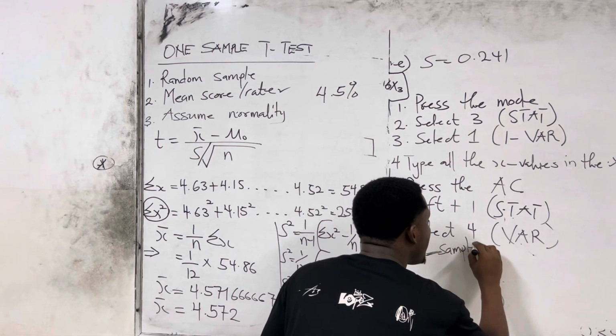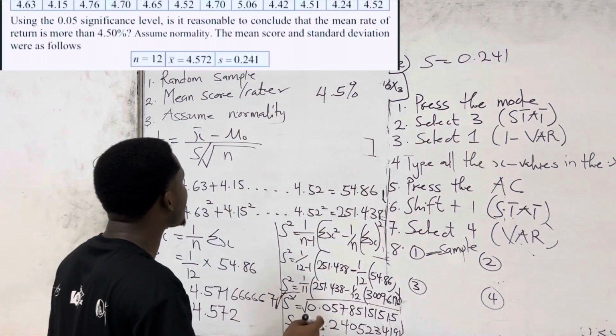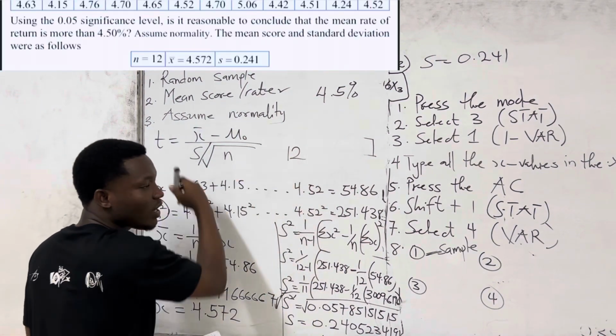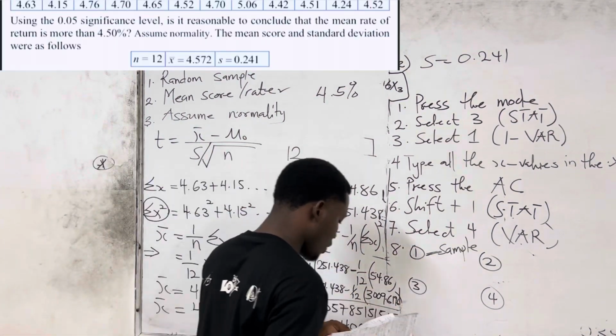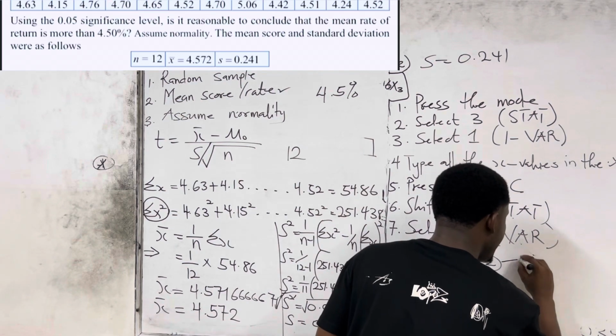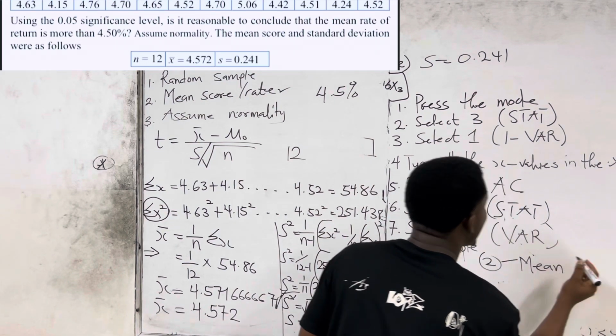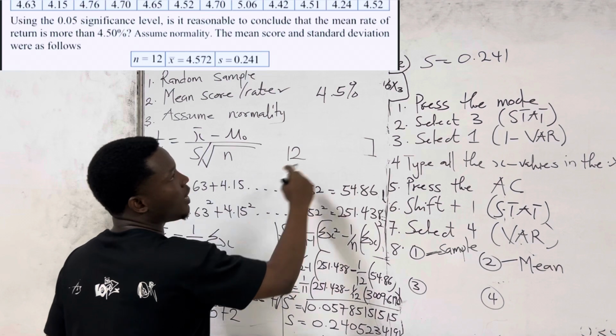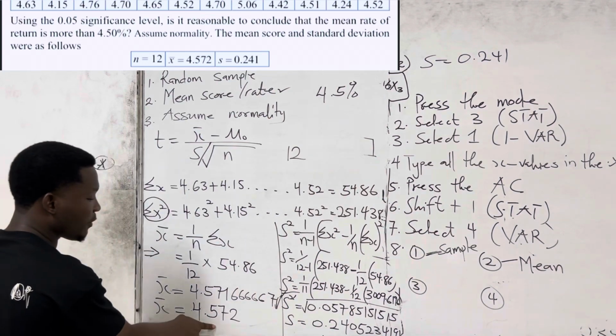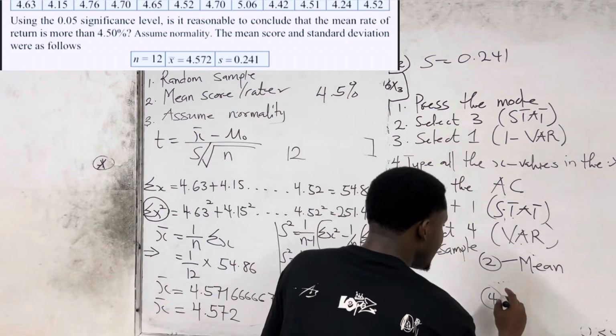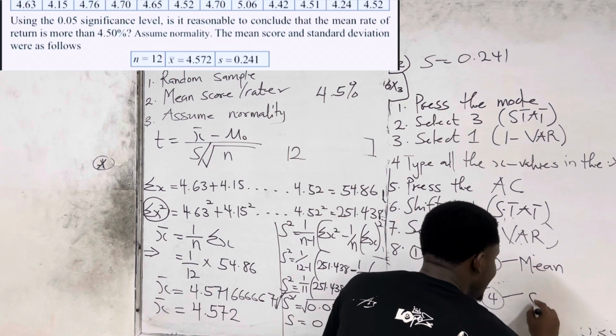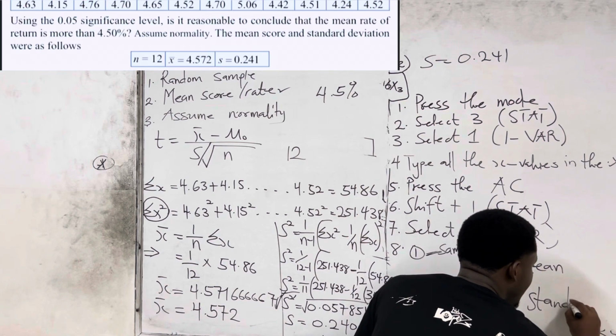So if you press this on your calculator, you will get the 12 that has been given to us in the question, the sample. Now the second one will give you the mean. The mean has been given to us in the question as 4.572. And then you see this fourth one will give it to us as the standard deviation.